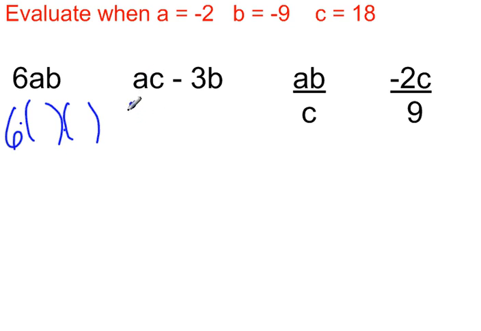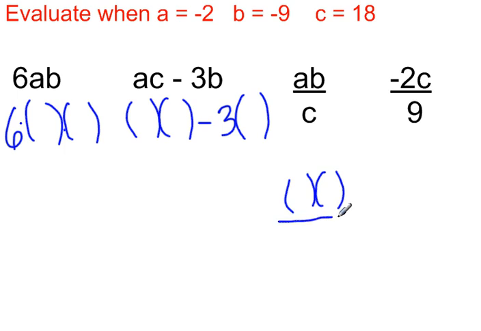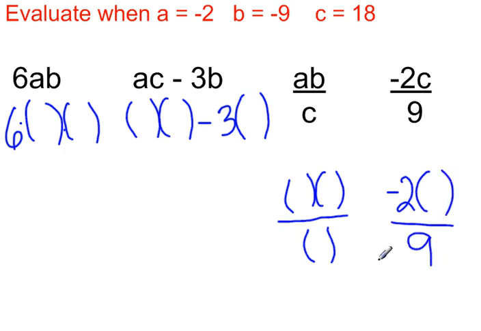I don't see it, but I know that AC actually means A times C. And subtract 3 bubble. Over here I'm going to have bubble, bubble, divided by bubble. And here I'm going to have -2 bubble divided by 9.